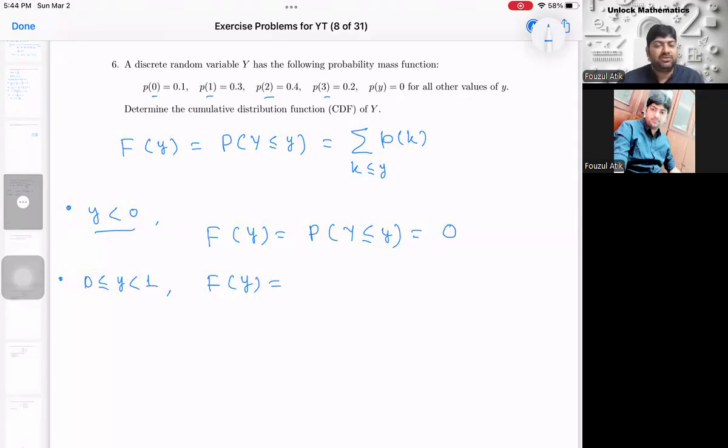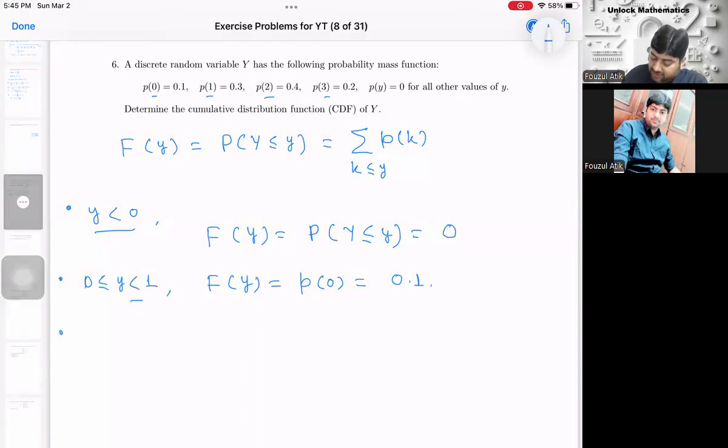Only one value is possible, when 0 is there, and between 0 and 1 there is no other value. It is not taking the value 1 even. So from 0 to 1 you have only one value, which is p of 0. So in this case, F of y is equal to p of 0, which is 0.1.